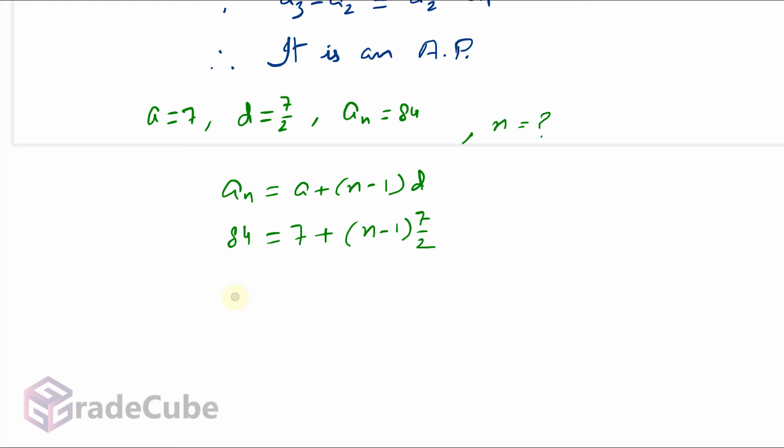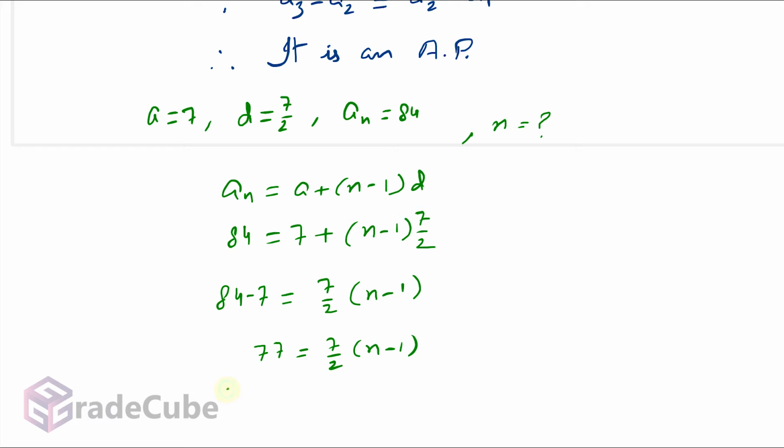Take 7 to the other side, 84 minus 7. This is 7 by 2 into n minus 1. It becomes 77 equal to 7 upon 2 into n minus 1.